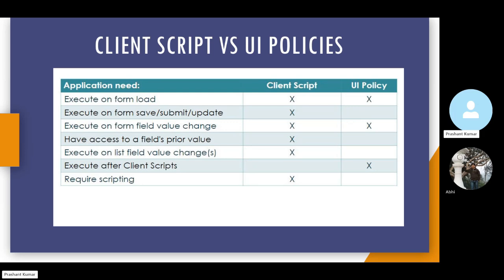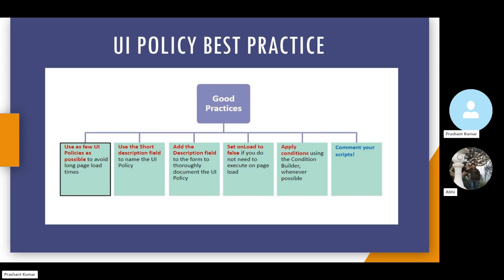We have some best practices which we can remember when working on UI policy. First, we have to use as few UI policies as possible on one table. Because, if you remember, there was a checkbox, reverse if false.